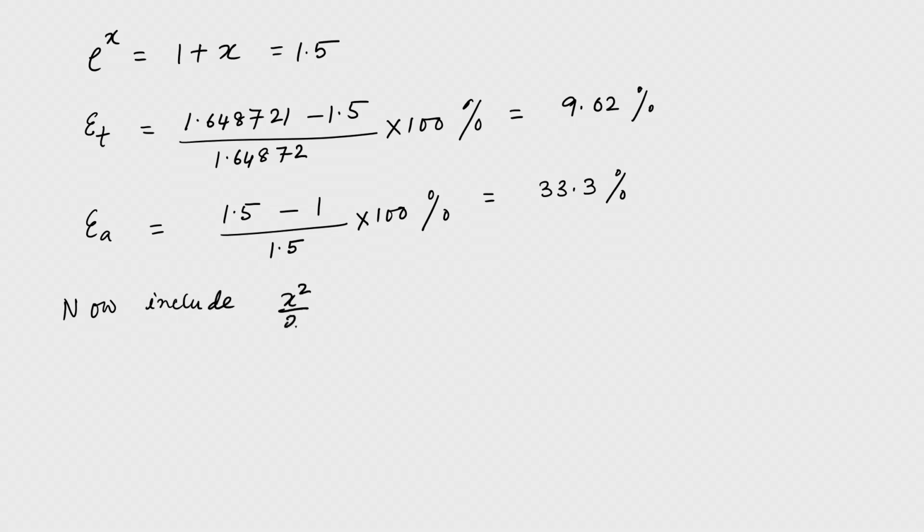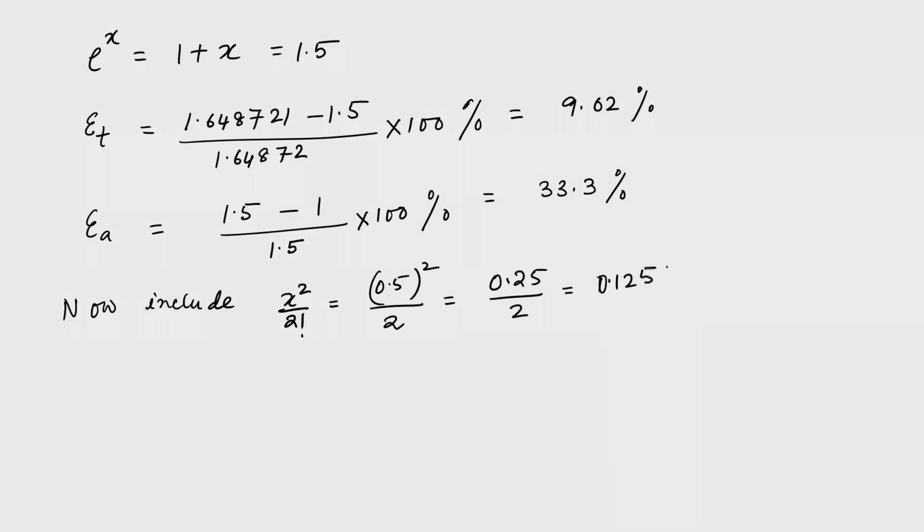x square by 2 factorial, which is 0.5 square by 2, which is equal to 0.25 divided by 2, which is equal to 0.125.